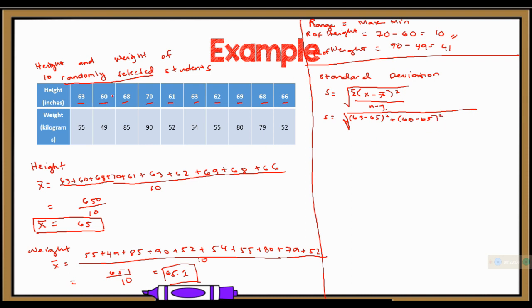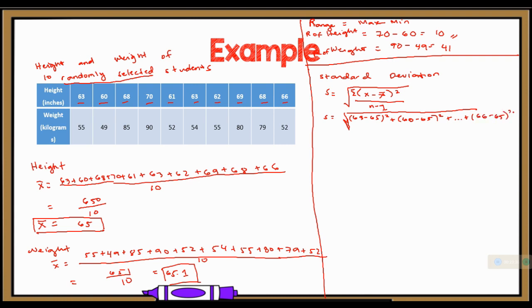And then you will repeat the process: 68 minus 65 squared, 70 minus 65 squared, 61 minus 65 squared, until you reach 66. So plus, and so on, plus 66 minus 65.